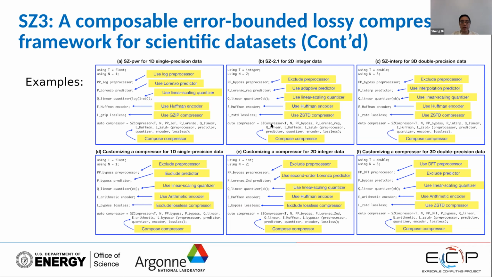Then you can just put them together in a function called SZ compressor, and that's it. After that, you can just use the corresponding compression pipeline to perform the compression. Obviously this is very flexible and very user-friendly. The users can customize the compression pipeline by themselves to adapt to different data sets, right?